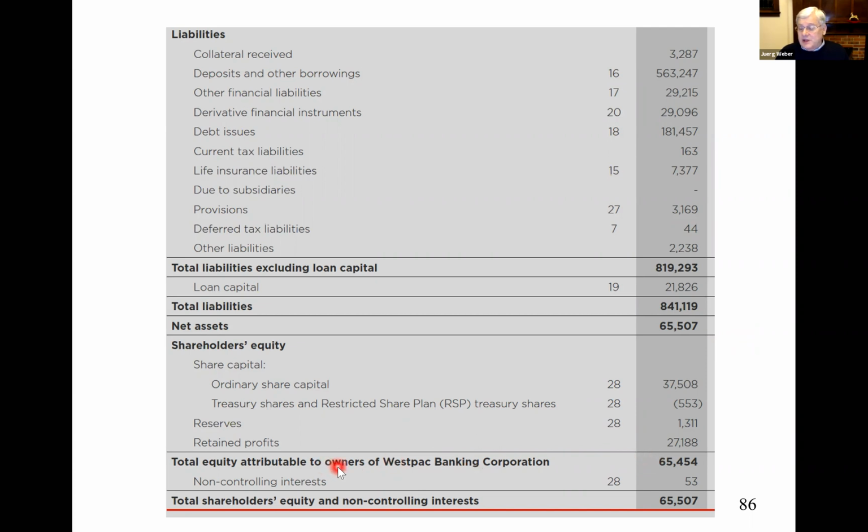That's what the shareholders have given, the shareholders' interest in the bank. But it also serves as a buffer. If the assets shrink, first this equity is lost. And if the assets of the bank shrink even more because of loan losses and become less than those liabilities, then the bank is broke.